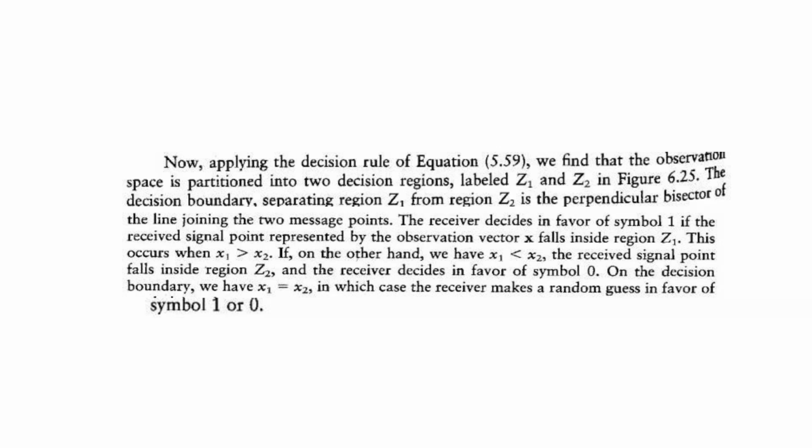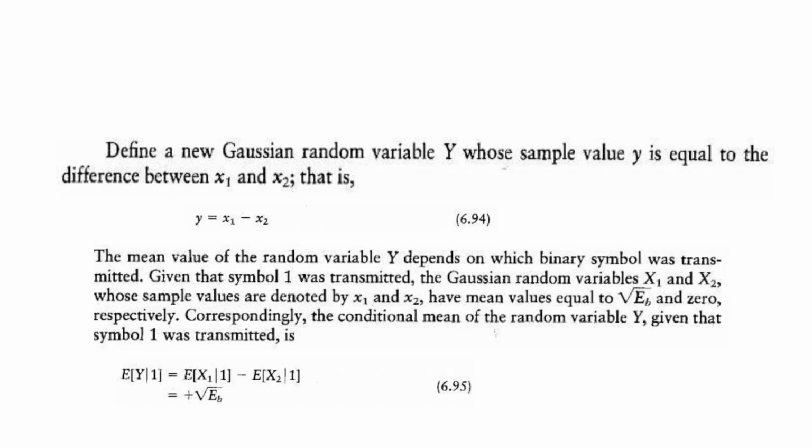If the observation vector x falls in the Z2 region, the decision device decides the received symbol is symbol 0. So the receiver will guess in favor of either symbol 1 or 0.